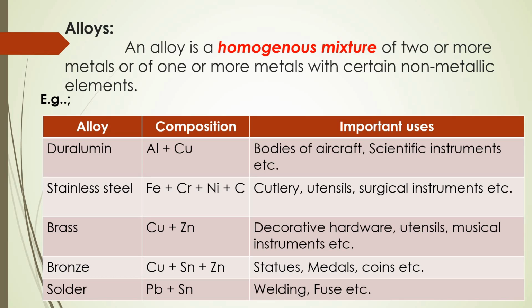Whenever the current becomes unstable and its strength increases, the fuse made of solder melts down and breaks the circuit, thereby protecting our household electronic appliances. So these are some of the important alloys which we use in our day-to-day life.